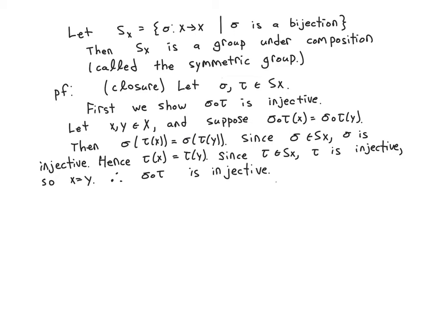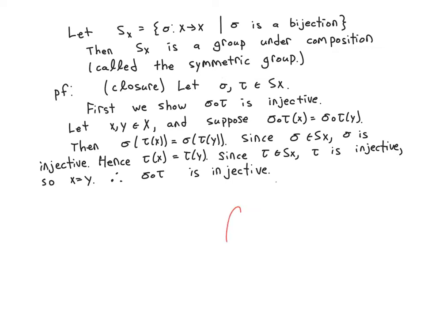All right, well, since sigma is a bijection, sigma is injective. And so in particular, sigma maps tau of x and tau of y to the same value. And therefore, tau of x must be equal to tau of y.